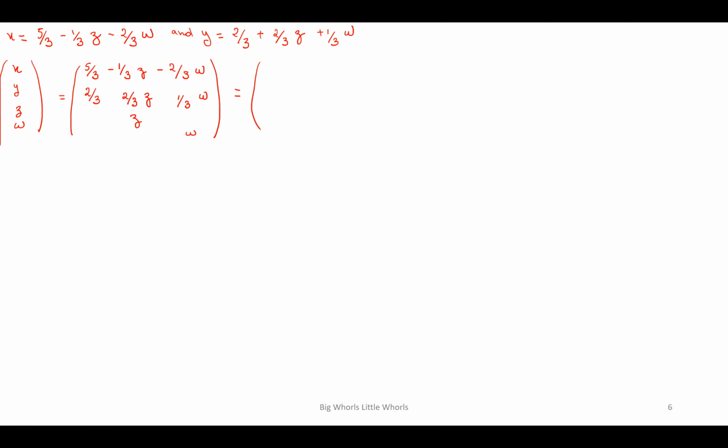We write all the constants in the same vector: 5 over 3, 2 over 3, and 0 for z and 0 for w.